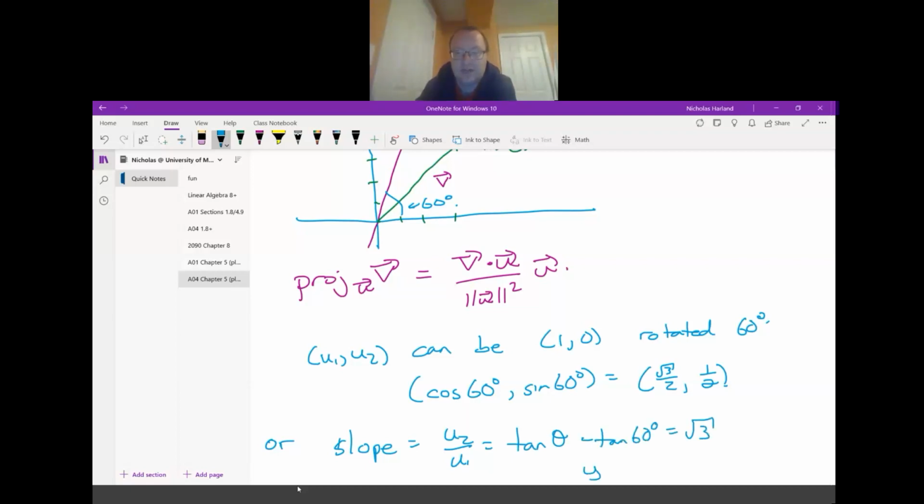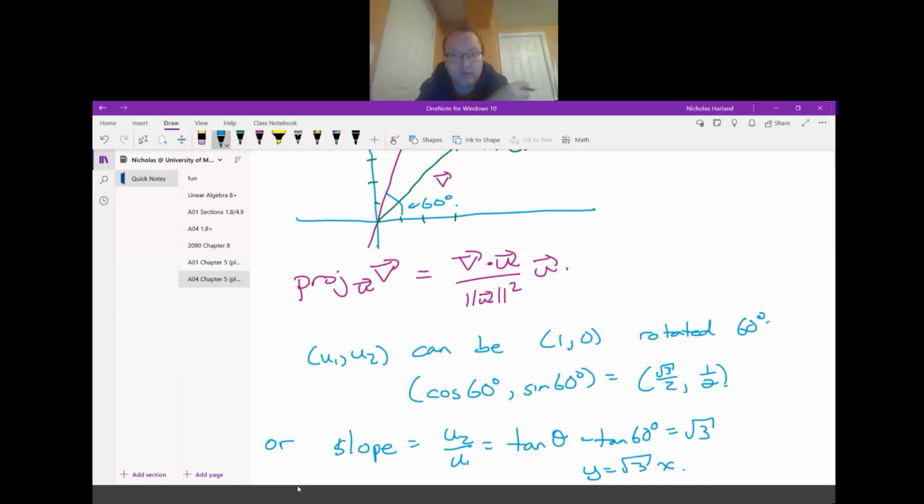In other words, the line is y equals root 3x. And we could get, like we did in our y equals x example, we could get a vector that way. So there's a few different ways we can actually find this vector. And the point being is that it doesn't actually matter how we find the vector. We just need one vector. And then everything else is chapter 3, where we just slam it into our projection formula.